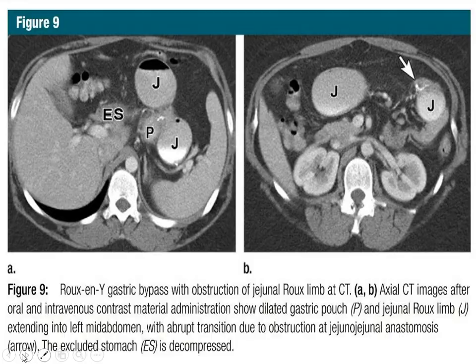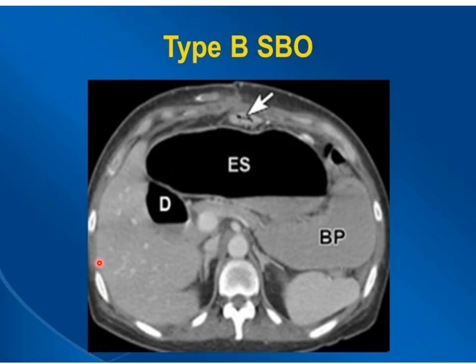And this one is type B. What's type B? The excluded stomach, as it's shown here, and this excluded stomach is dilated, as it's shown here. So this is type B small bowel obstruction, apart from the abrupt change in the caliber of the jejunum. This should be completely collapsed. Now it's completely distended.